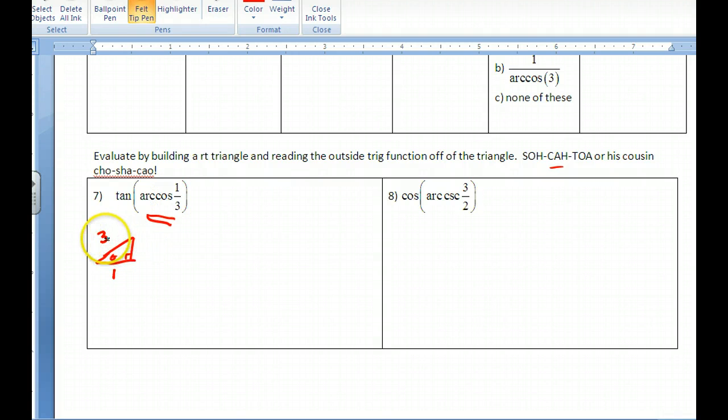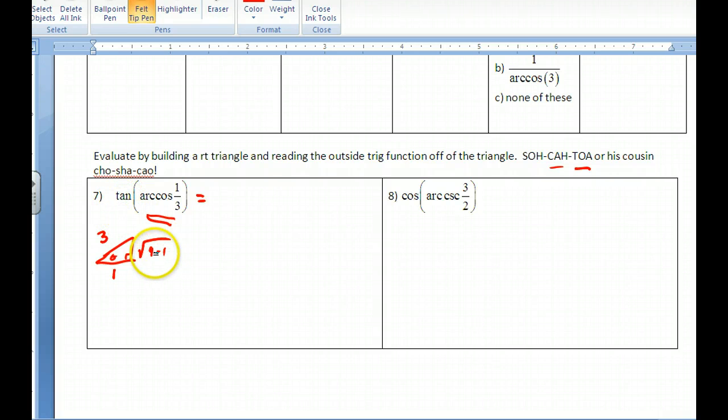And then I go ahead and find this missing piece. Since it's a leg, I take the hypotenuse squared minus the leg squared, which would be 9 minus 1, so it's the square root of 8. And then I read the tangent off of this. The tangent is opposite over adjacent, so now I'm using the outside function to read.